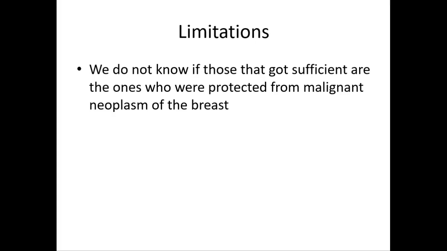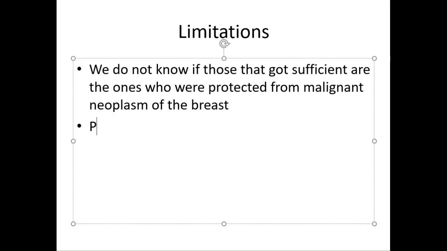Then we want to go to our second limitation and think about how getting sufficient sleep might be a marker for something else. So we want to think about what a marker that might make sense would be.